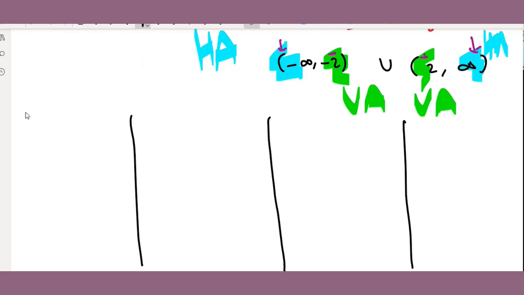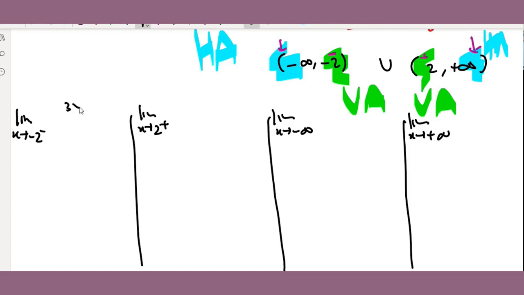So you have to find the limit as x approaches -2 from the left, the limit as x approaches 2 from the right, the limit as x tends to negative infinity, and the limit as x tends to positive infinity. That is four limits. The left and right sides may produce vertical asymptotes and the infinity ones horizontal asymptotes.